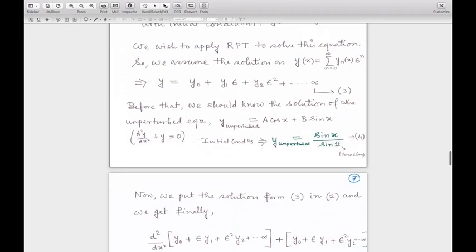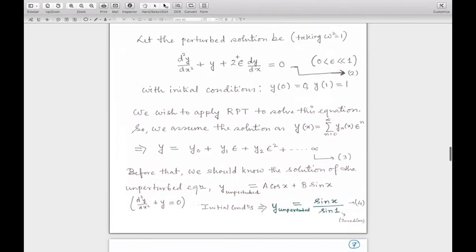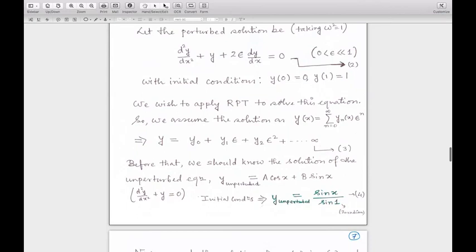That is somehow easy to understand. When you don't have this term at all, but you just have these two initial conditions, you can simply see that at x equal to 0, y equal to 0 says that a is equal to 0, and then at x equal to 1, y equal to 1 says that the right hand side will be simply b sin 1, because a is 0.